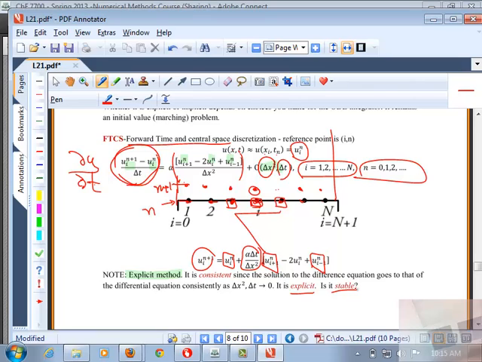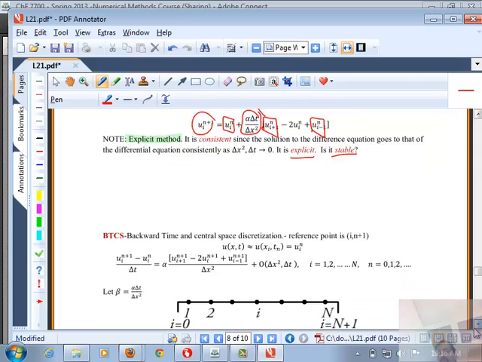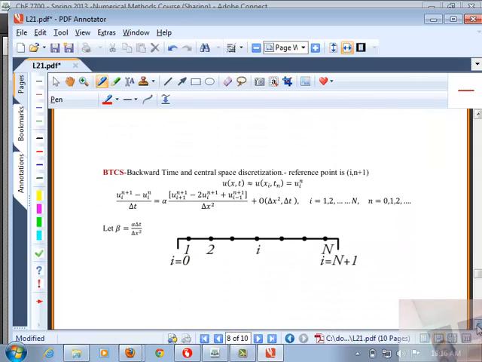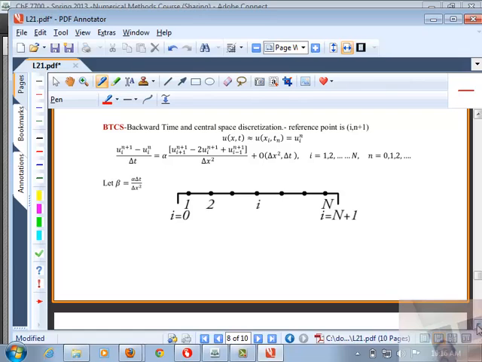Often this is shown in the form of stencils to show how the points are related. In the explicit method, I took this kind of stencil. I predict this one by knowing what the three values are. It is as if I used this as my reference point in doing central difference in space and forward difference in time.